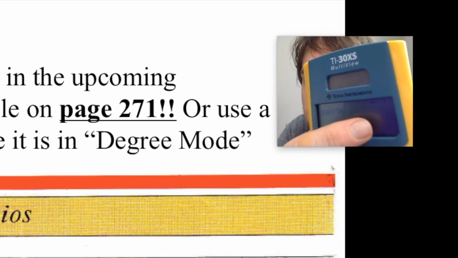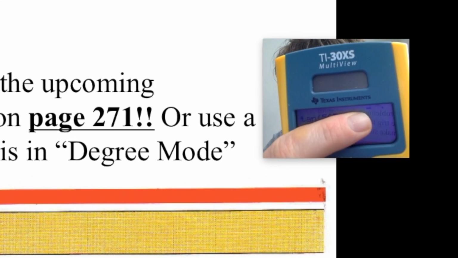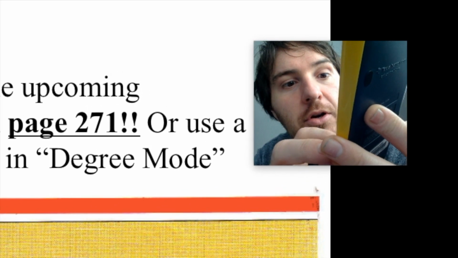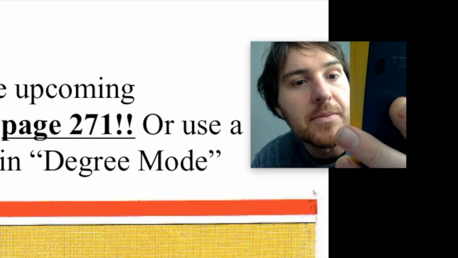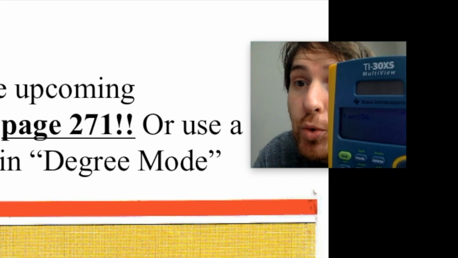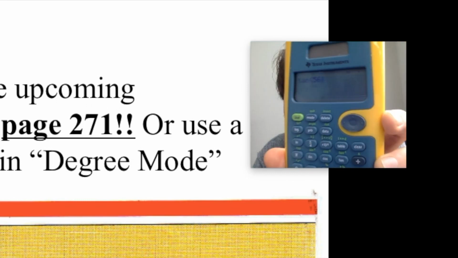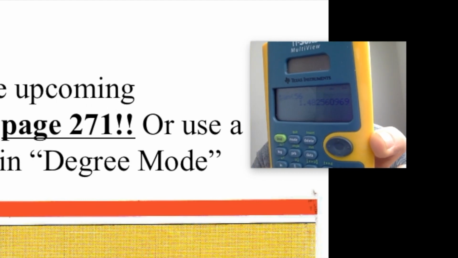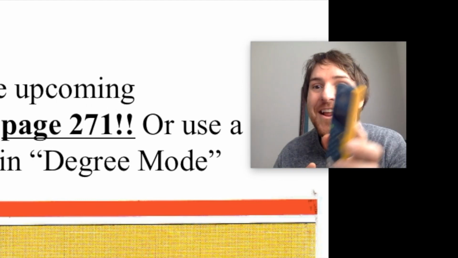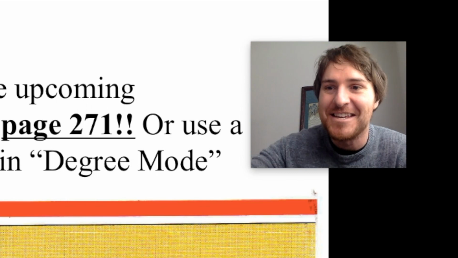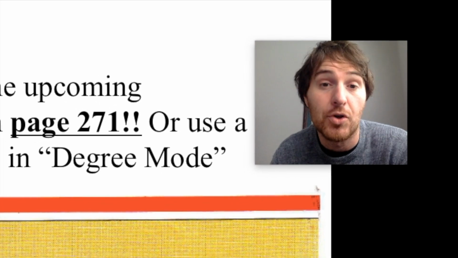Make sure you're in degree mode, not radian mode. You might have to look around for a little bit, so it's in different places on different calculators. You might have to Google where degree mode versus radian mode appears on your calculator. Hit enter, and I get the same thing here too. I get about 1.48, about 1.5 times the size of the adjacent side, which is the opposite side of the 56-degree angle.